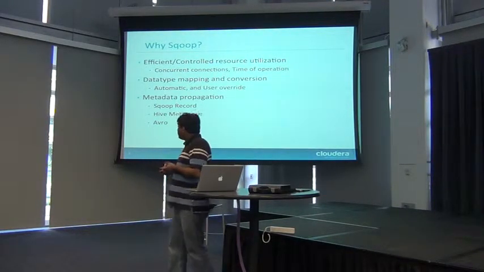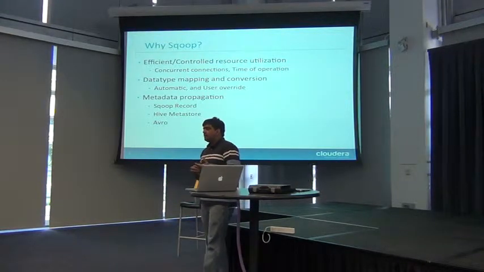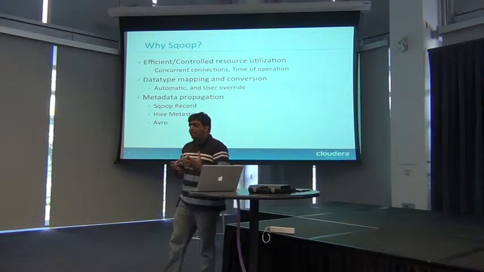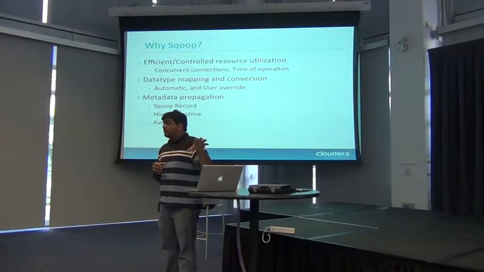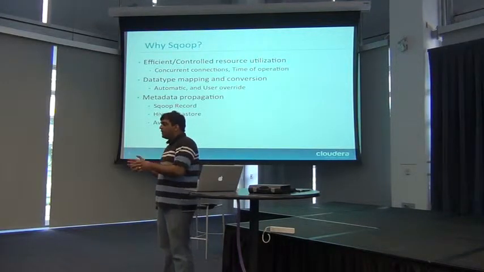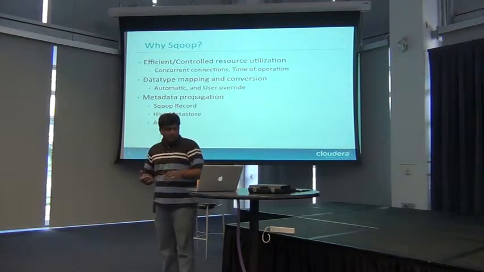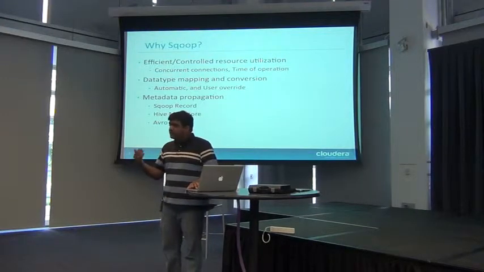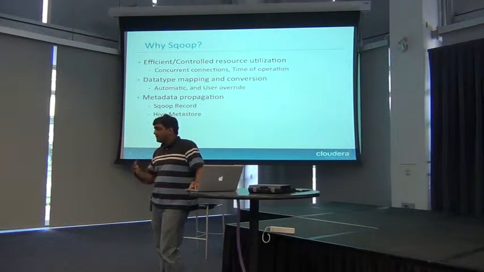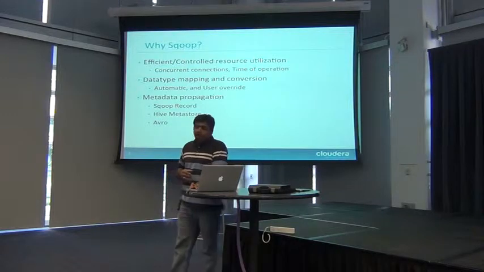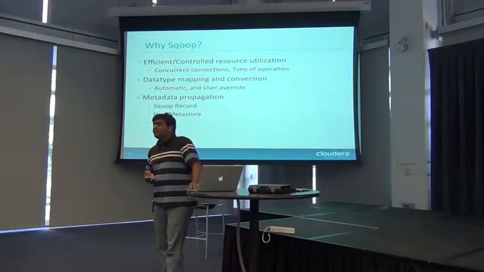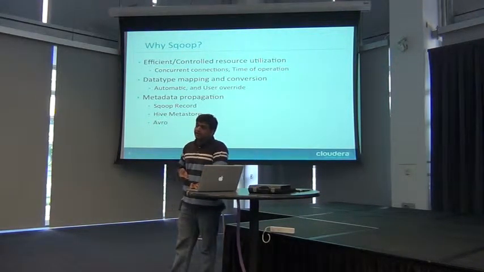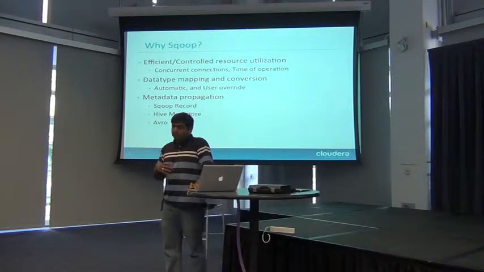Now, it also brings up the question of how you map types. Sqoop supports mapping types from SQL types into Hadoop-friendly or Java-friendly types also. And users can override this by specifying patterns. Another aspect of Sqoop is that it allows you to propagate metadata in several different forms.